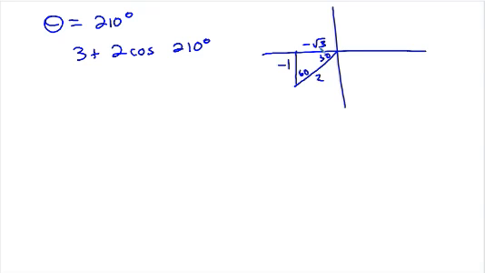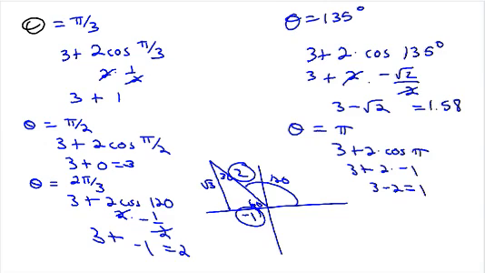All right. So when I do the cosine of that angle, I'm going to have 3 plus 2 times the negative square root of 3 over 2. All right, and so this turns into 3 minus the square root of 3, which is back to 1.27.